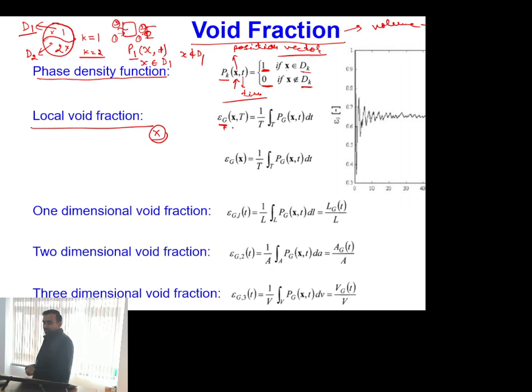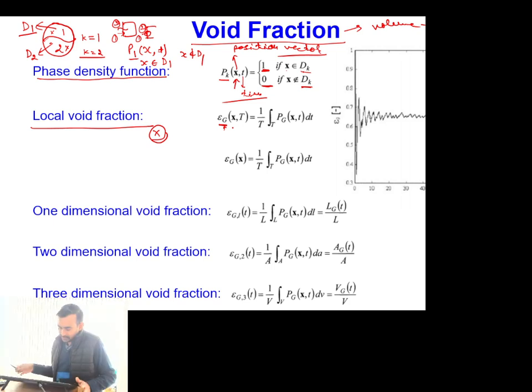So over here, the void fraction of the gaseous phase at any particular location x comma T is equal to 1 by capital T, integral over capital T of p of g, x comma t, dt. You have to see, I am not using small t, I am using capital T. What is the difference? I will explain.